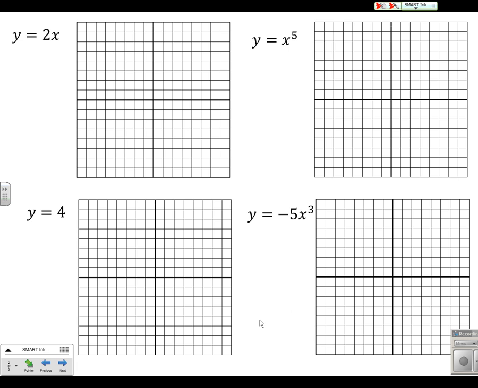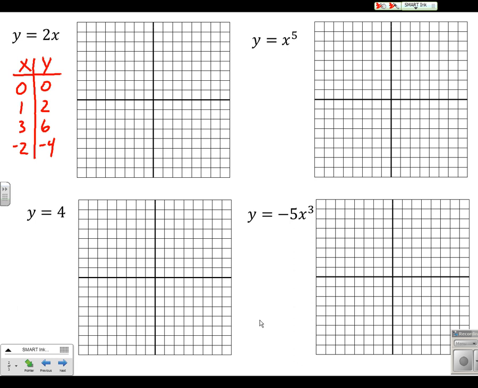I'm going to go ahead and sketch these, and I certainly don't expect that many of you would need to do a T-chart on here, but if we were, this would be what I call the freshman approach to graphing. Put 0 in for x, 2 times 0, 0. Put 1 in for x, 2 times 1, 2. I'm going to jump to 3 in, 2 times 3, 6. Of course, negative 2, 2 times negative 2, negative 4.